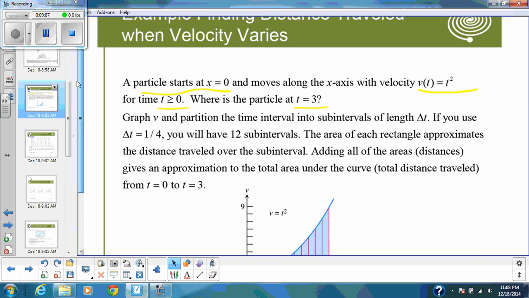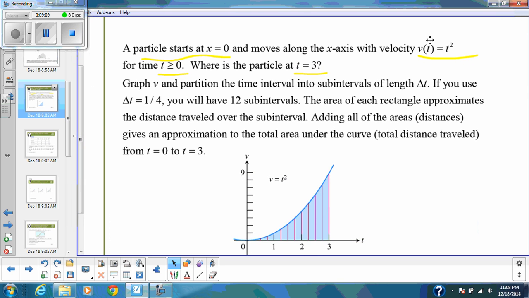So here's an example of that. It's a simple function. We've got a particle. It starts at x equals 0, moves along the x-axis with a velocity v of t equals t squared, for time t greater than or equal to 0, asking where is the particle at t equals 3.